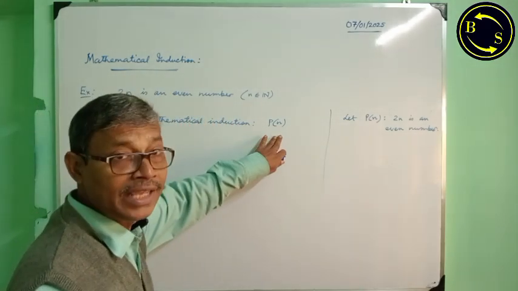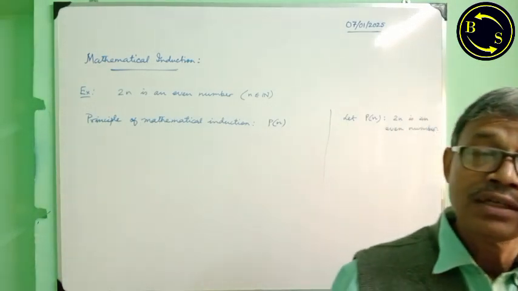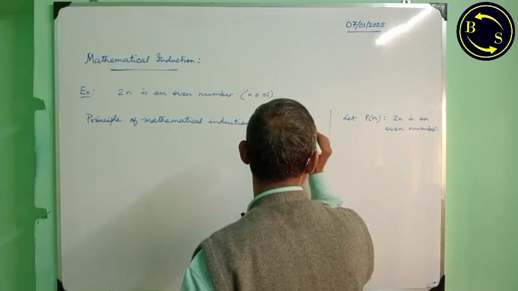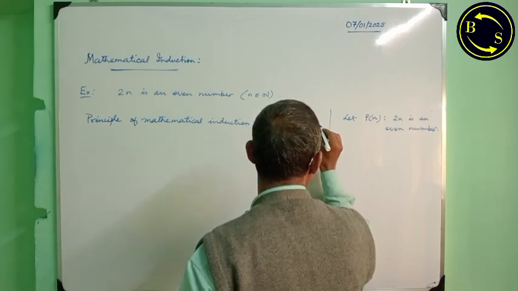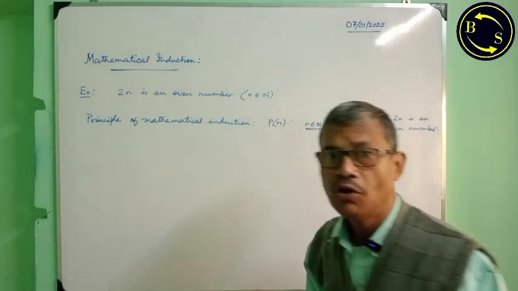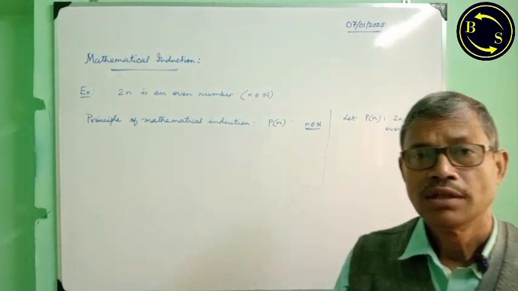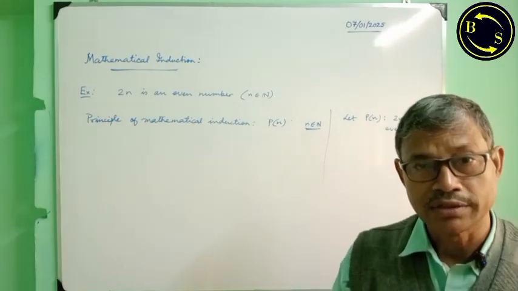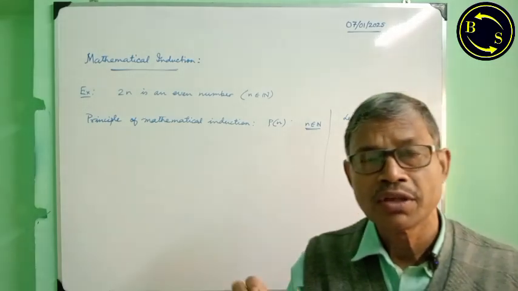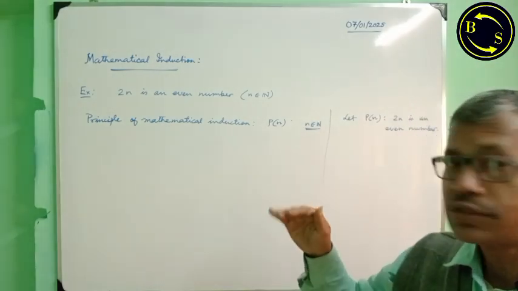First we take Pn, then the least value of n. Generally n is a natural number, but not for all formulas or expressions. The condition will be mentioned, where n is greater than or equal to 4 or n is greater than or equal to 2, like this. And for the least value, we first verify that.